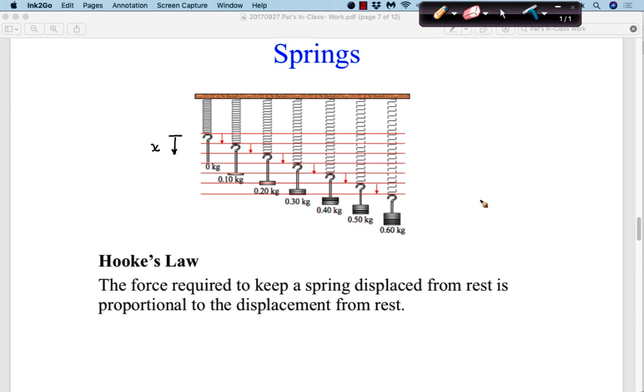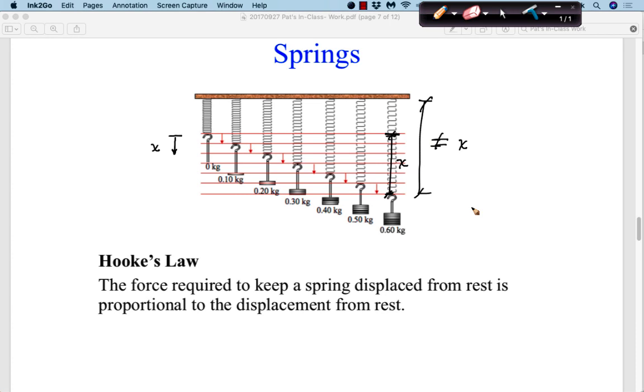So for that last stretch there, the whole length is not equal to X. What is X? X is from here, from there down to there. That's X for this case. Okay?